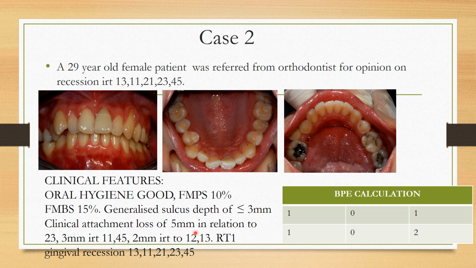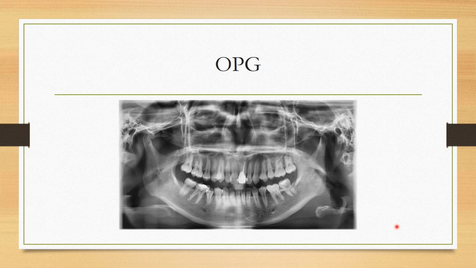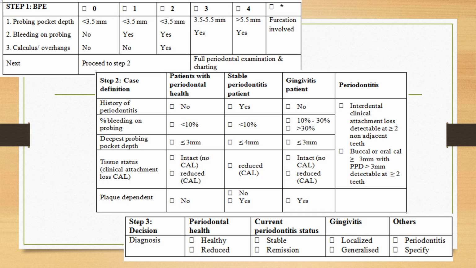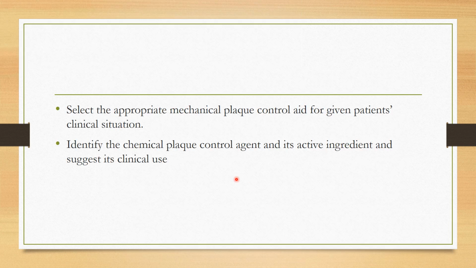Here there is attachment loss of 5 mm in relation to one tooth, 3 mm in relation to others, and 2 mm in relation to others, and RT type 1 gingival recession in several teeth. The BPE score has been given. OPG also we have given, and this is the diagnosis chart. You have to record and write down the findings and come to the diagnosis. Select the appropriate mechanical plaque control agent and chemical control agent.